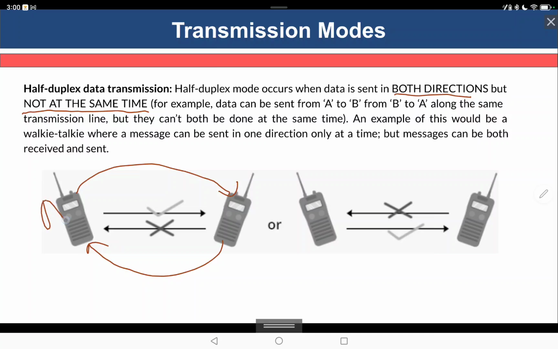When device A is sending data to device B, there needs to be a pause, meaning that device B cannot send to device A at the same time. An example would be a walkie-talkie, where a message can be sent in one direction only at a time, but the message can be sent and received on both devices.